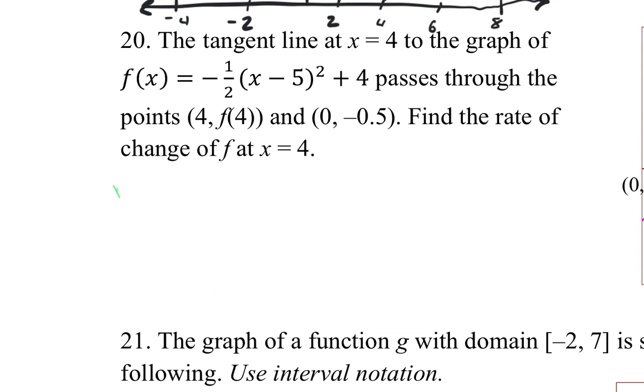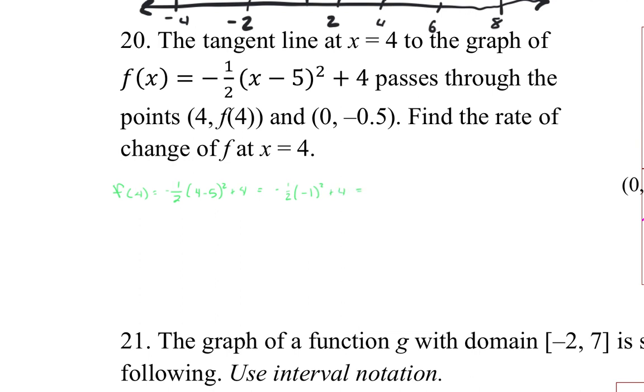So that would look like f of 4 equals -1/2 (x minus 5) squared plus 4. Instead of x, we're going to have 4. So we'll have -1/2 times (4 minus 5, which is -1) squared plus 4.